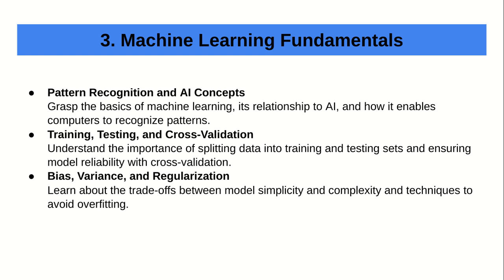Remember, when you're trying to train machines, there is always some biased data, or there are always variations, and also we have regularization. So you have to regularize whatever information you're trying to teach the machine, so that it can build the best models. Under training, you have to understand the importance of splitting the data into training and testing sets, and ensuring model reliability with cross-validation.